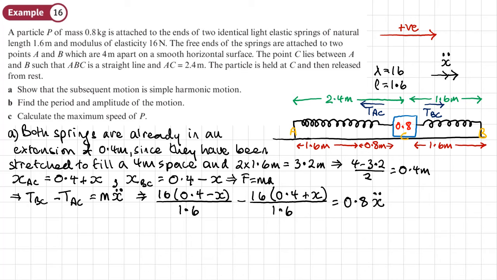So we'll tidy this up a bit. First of all, I'm going to times both sides by 1.6 because I don't really like having that fraction there, and 0.8 times 1.6 is 1.28.